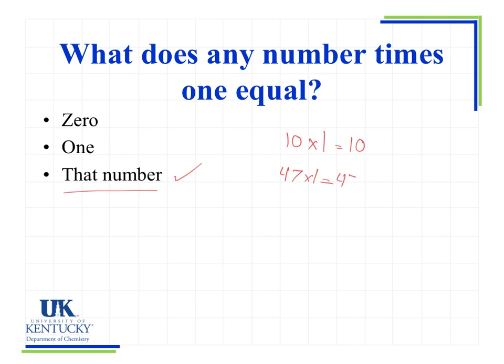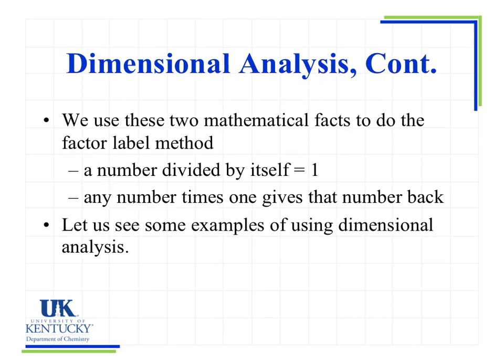So it's 47. Okay, so if you multiply any number by 1, it's that number. You don't change anything. So dimensional analysis is using these two simple rules to convert between units. It seems simple, right?